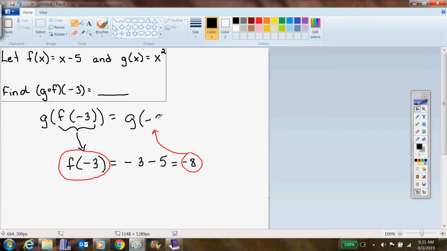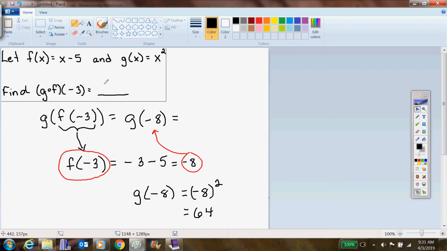So g of -8. And then because we have our g function that's also defined, you would plug the -8 into x squared. So g of -8 equals -8 squared. It's the whole of -8 squared, so I've got parentheses around it, and that gives us how much? Yeah, 64. Good job.